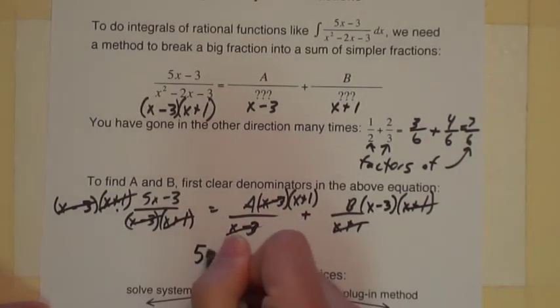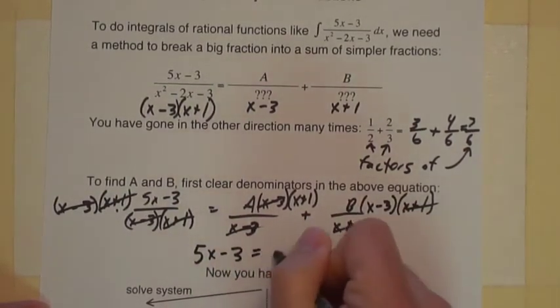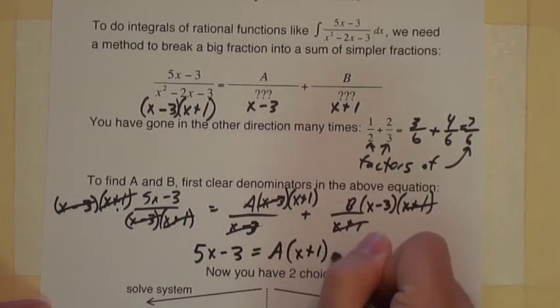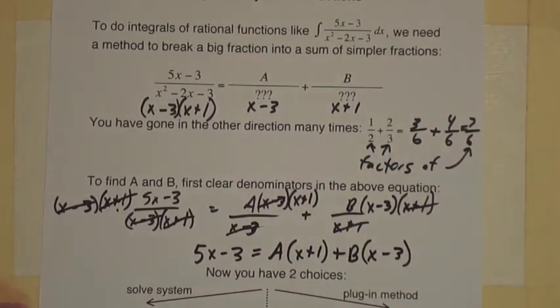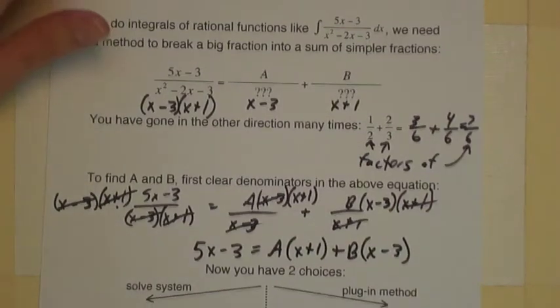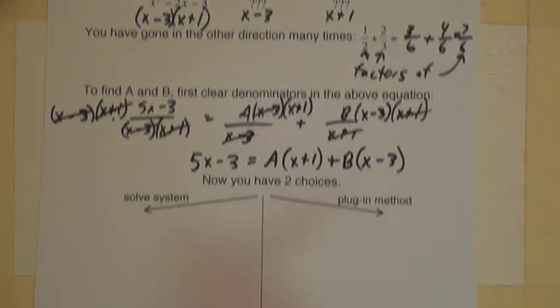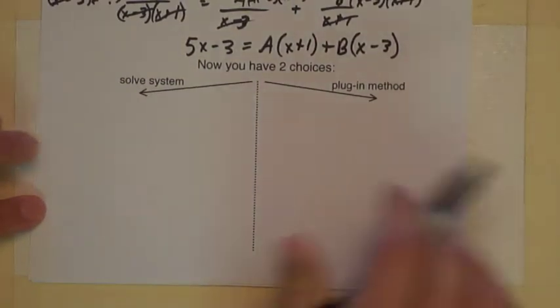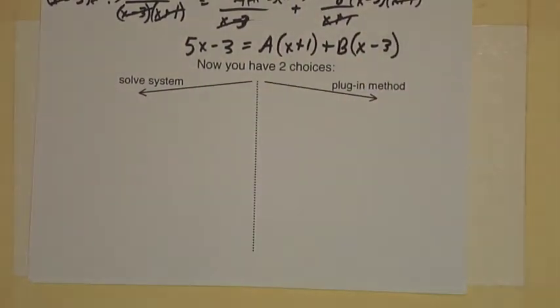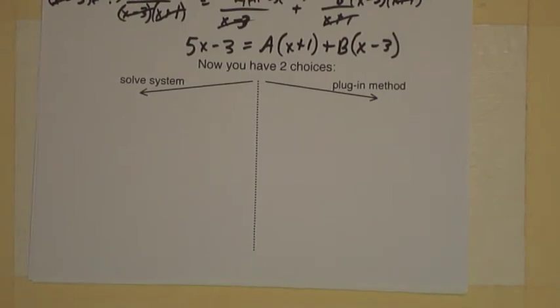So we now have 5x minus 3 equals a times x plus 1 plus b times x minus 3. Now, at this point, you have two choices of what to do with this expression. The more conventional way I'll show you first is to solve a system of equations. So let me show you how to do that.